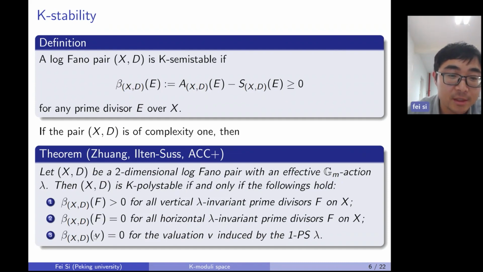The third is that the Futaki character vanishes for the one-parameter subgroup in this torus. In this case, the Futaki character is also the beta invariant of the valuation induced by this one-parameter subgroup of the one-dimensional torus.